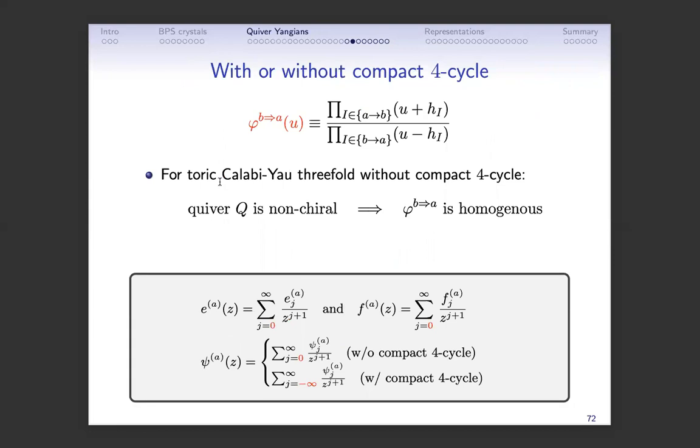When the quiver has no compact fourth cycle, the quiver is non-chiral. That means for each arrow from A to B, there's also an arrow back from B to A, so this bonding factor is always homogeneous. So for the quiver without the compact fourth cycle, this expansion is bounded from below.